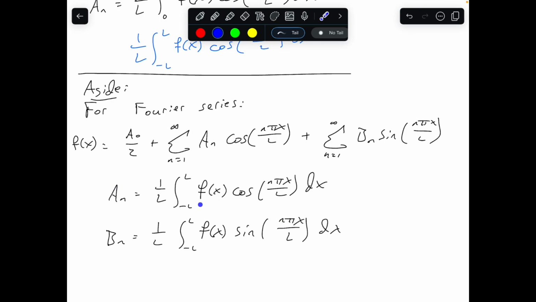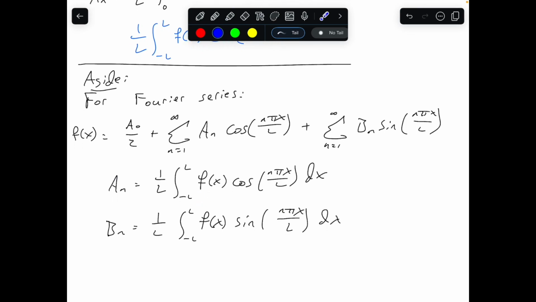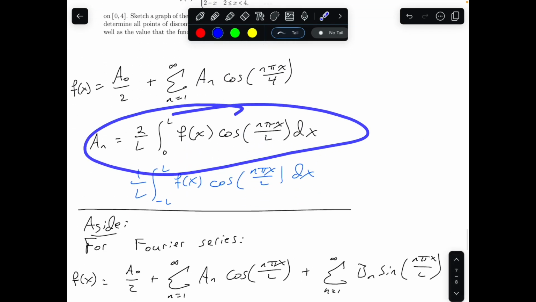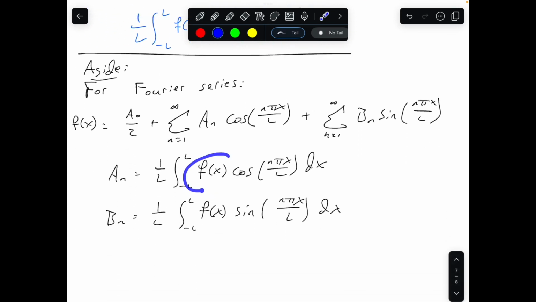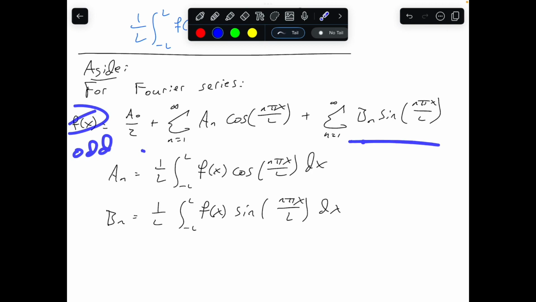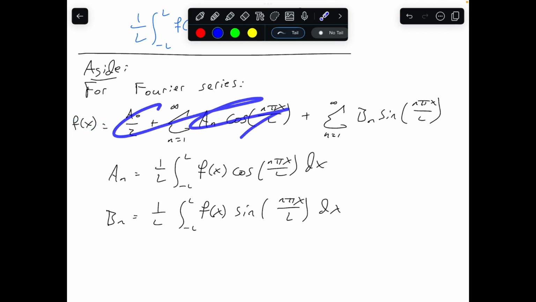However, if your function is known to be an even function or an odd function, then you can use some tricks to replace one of these integrals with the corresponding one up here. If f is definitely going to be an odd function, then the Fourier series for the function would literally just be a Fourier sine series, and all of the a n's would disappear.